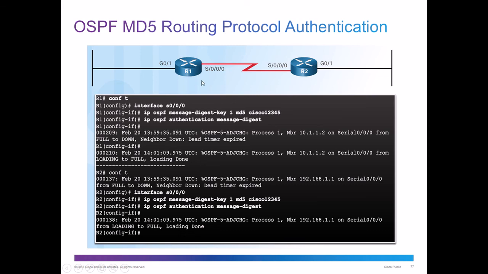Now these routers will not pass OSPF updates to each other unless they pass the passwords to each other. In other words, you give me the password, I'll authenticate you. You give me the password, I'll authenticate you. And if we're all good to go, then we can pass our routing tables to each other, right?